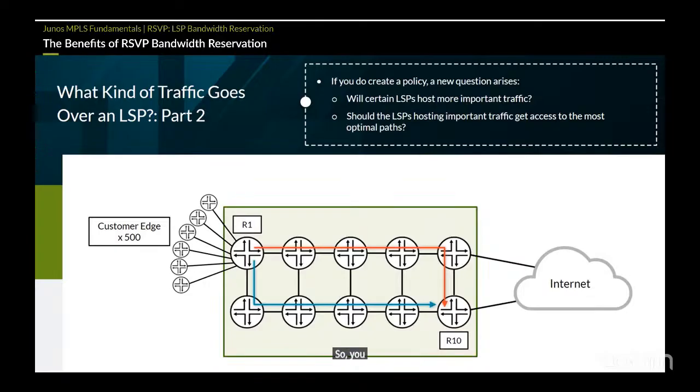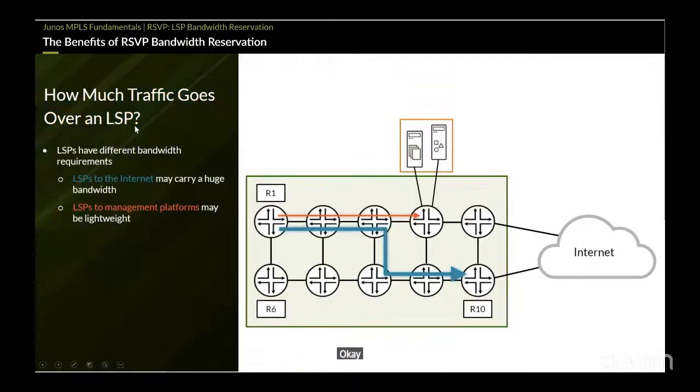So you can separate your traffic based on customer prefix. Okay, so this is your parameter when you are mapping traffic or when you are mapping the customer. You can define different LSPs for different customers.